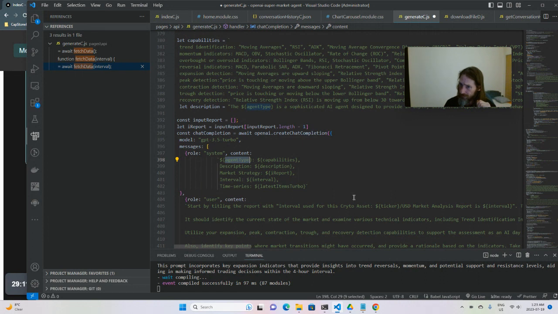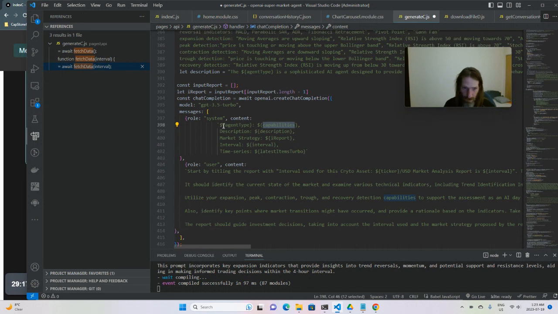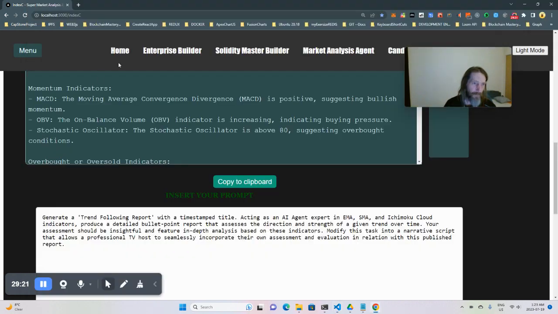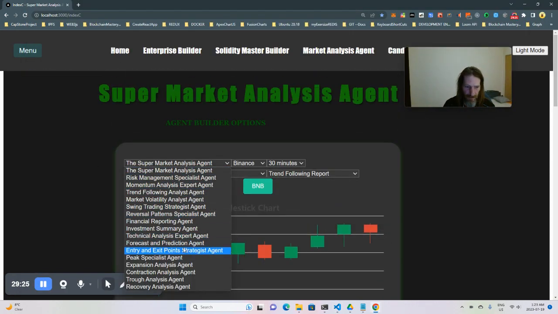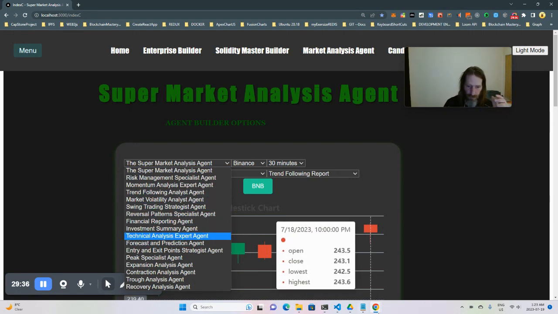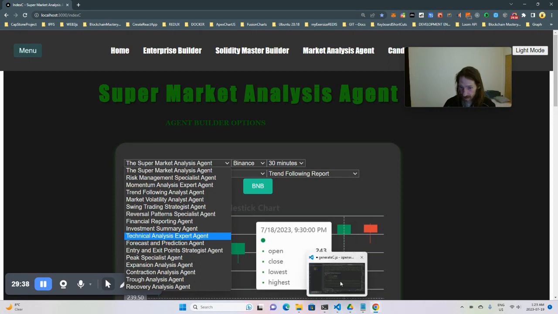The agent has those capabilities. Pretty cool, right? So that's how it's introduced to ChatGPT.